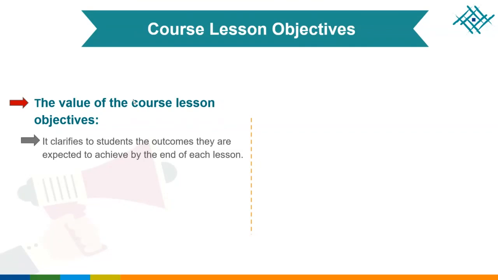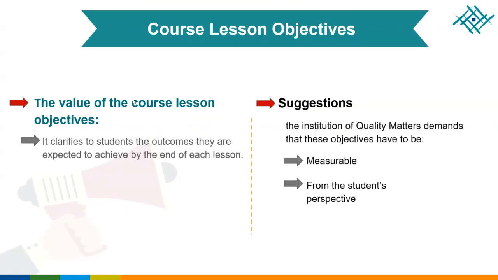And really, the suggestion here, the institution of quality matters demands or requirement that these objectives have to be measurable from the student perspectives. Then what does it mean our objective should be measurable?